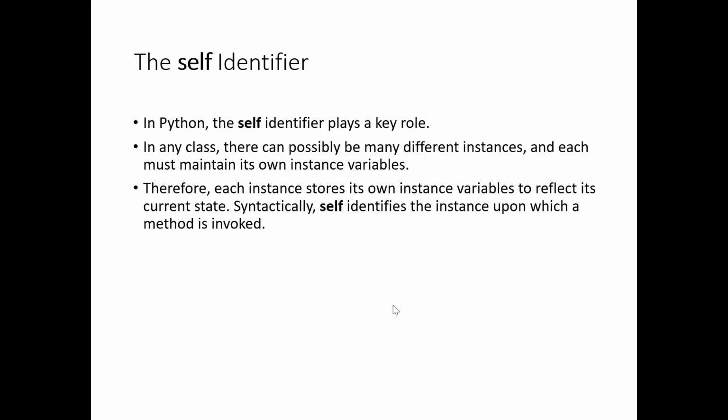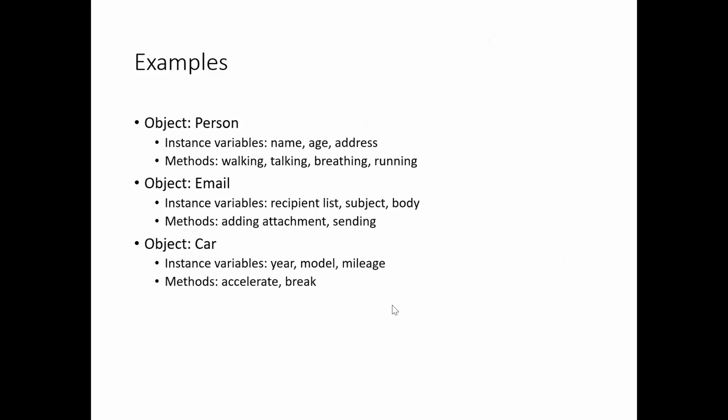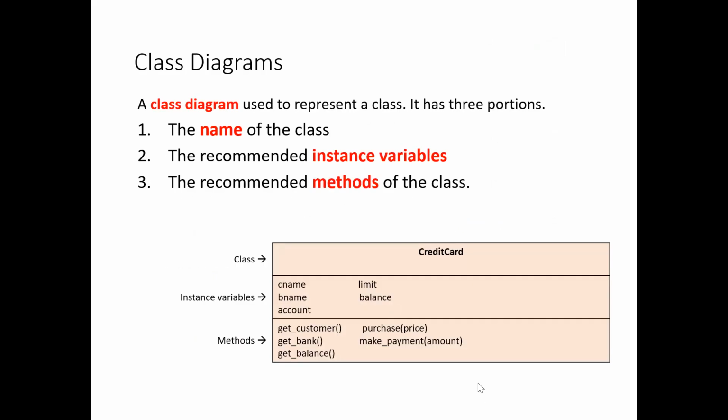The first thing I would like to do for today's session is to create a class on credit card and see whether you can create some of these methods. In the init method, I want you to assign some customer name, bank name, account, and also the credit limit.